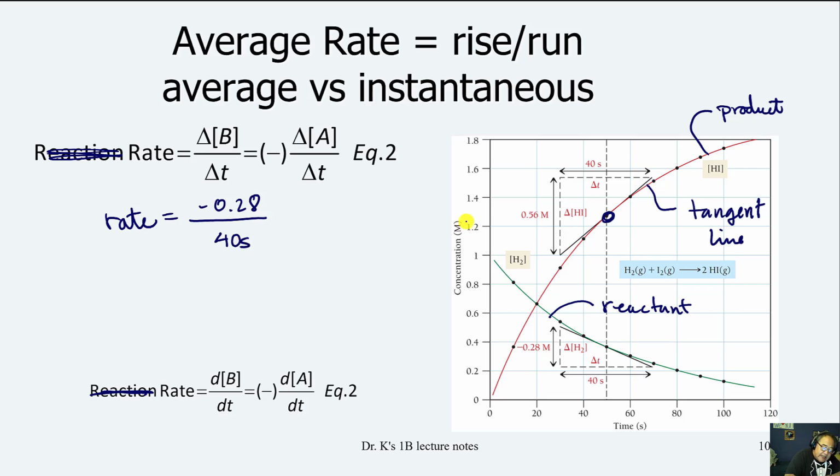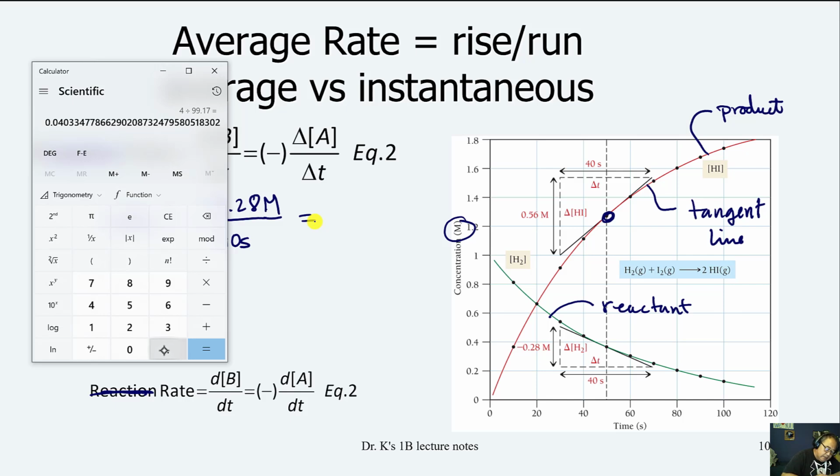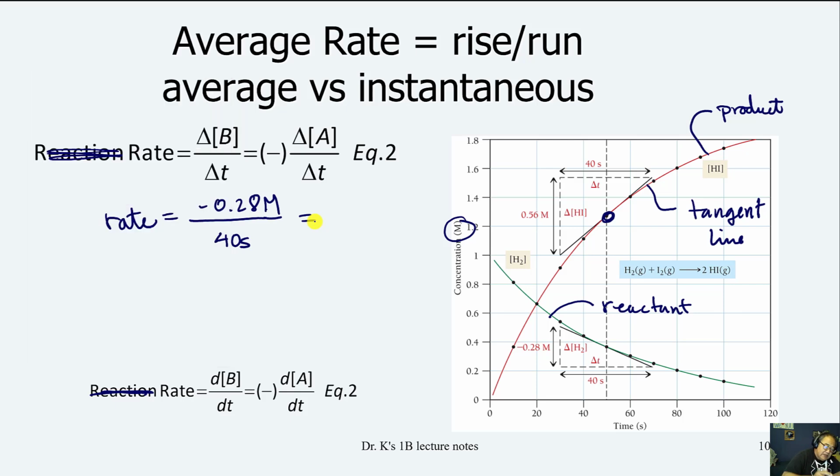And the units on this axis are molarity. And so the rate comes out to be 0.28 divided by 40, and that'll come out to be like 7.0 times 10 to the minus third. And they got a negative sign here. And the negative just means it's going down, okay?